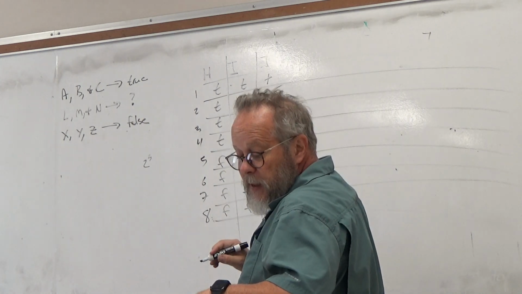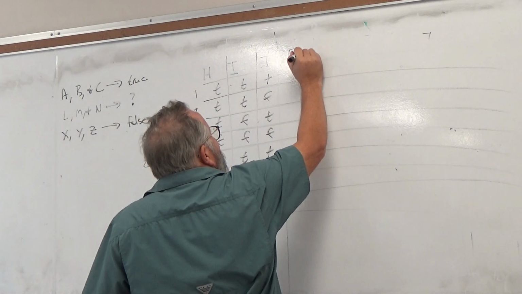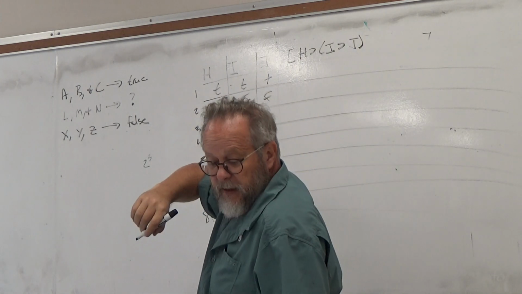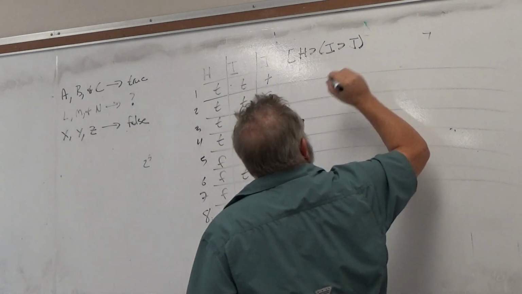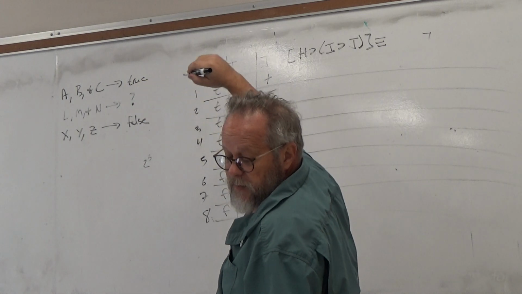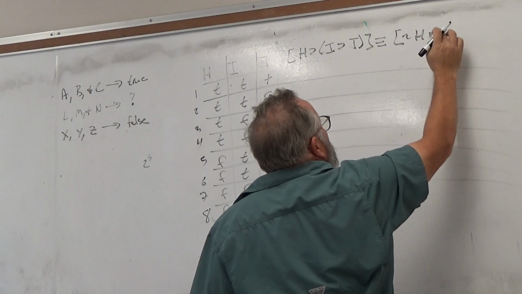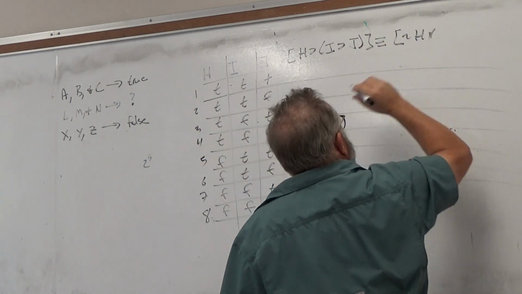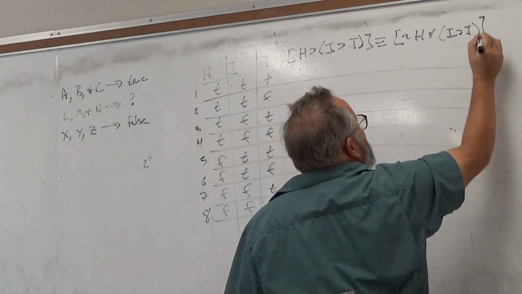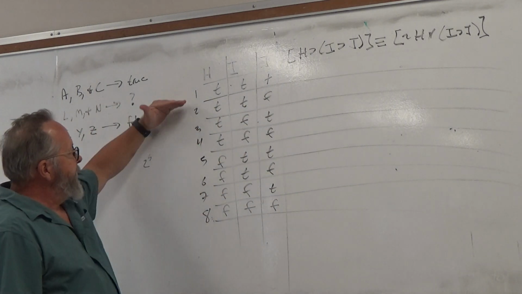Okay, so now what are we figuring out? We have H, then I, then J. H, then I, then J. And let me see, there's a close if and only if, close if and only if, not H or, and then I, then J. Okay, so we're going to calculate it for each one of these lines.